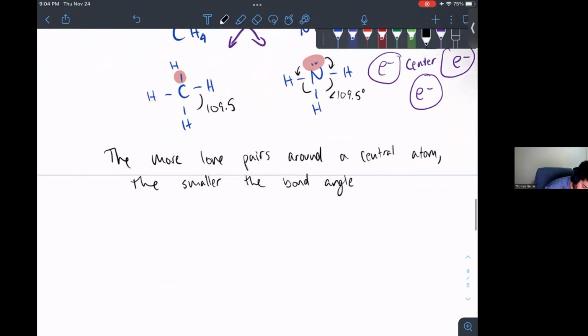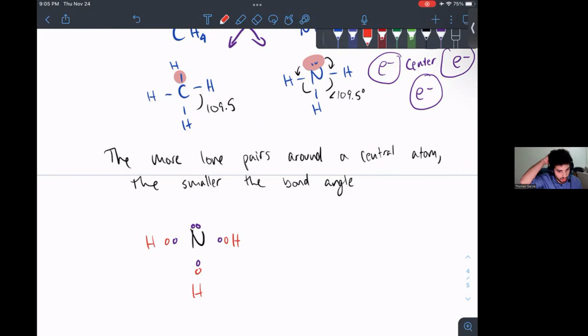The whole reason for that is when we have ammonia, for example, and we look at these electrons, nitrogen's own lone pair is held very tightly to it. Meanwhile, these shared electrons between the hydrogen and the nitrogen aren't shared so tightly. These are, in fact, a little further away from the nitrogen than the lone pair.